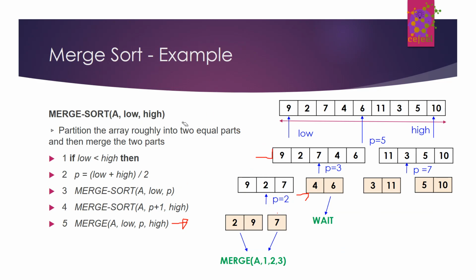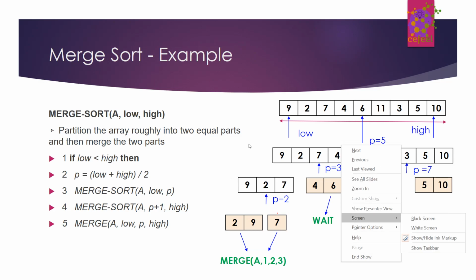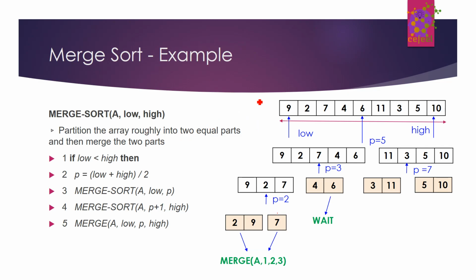But on the right side, what happens is the right part of the subarray where there were 4 elements, we already have values returned as 3, 11 and 5, 10. So in the merge call for 11, 3, 5, 10, where p was 7, let me just point the arrow here.